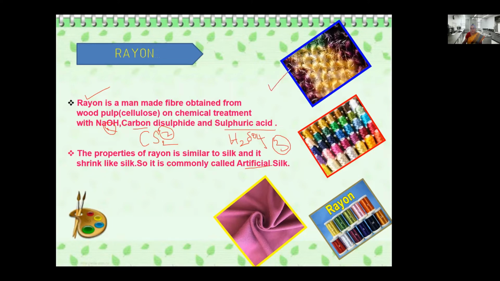Though the raw material is a plant material, wood pulp, it is only on chemical treatment with NaOH, carbon disulfide, and sulfuric acid that we get rayon. So it is called a man-made fiber, also called a synthetic fiber.